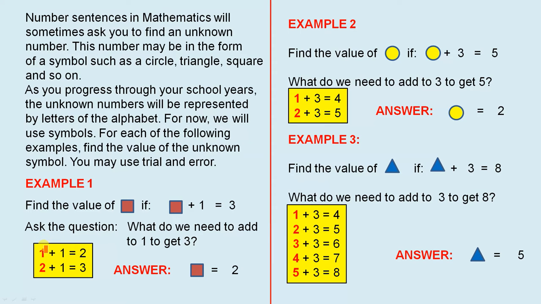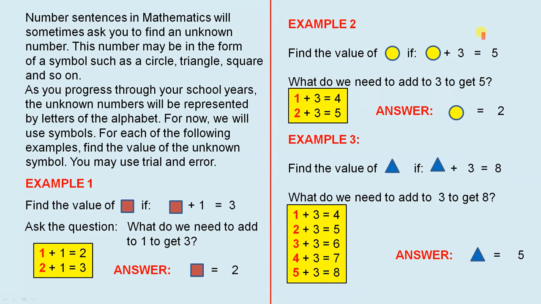So the numbers in red that you will see from now on, they're the trial and error. They're the ones we try out to see where the answer is going to be. 1 plus 1 equals 2, so that 1 can't be correct because we need an answer of 3. Let's try 2. 2 plus 1 equals 3. That is correct. So the answer, the square, equals 2.